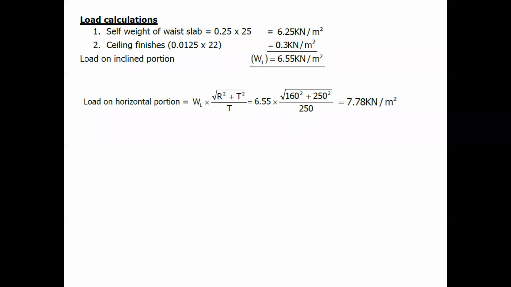Okay, you can just round up to 7.78 kilonewton per meter square.